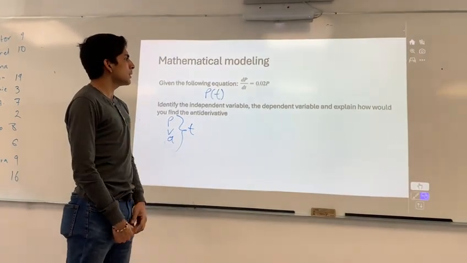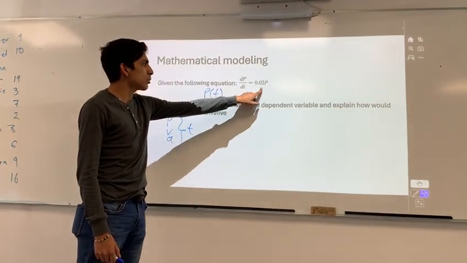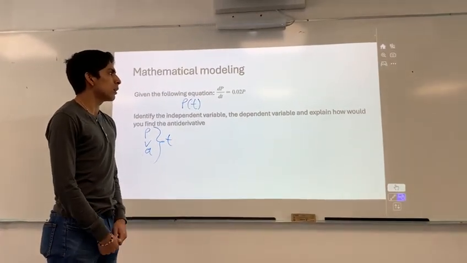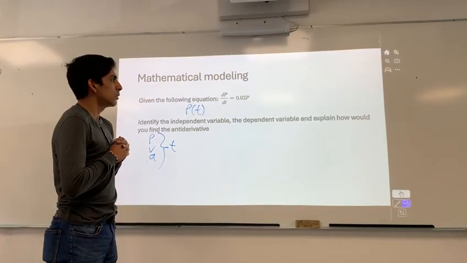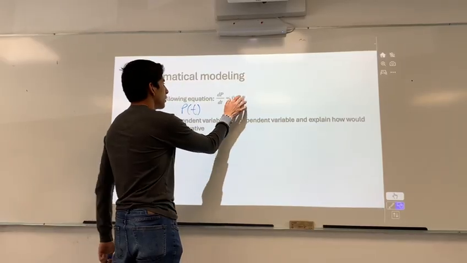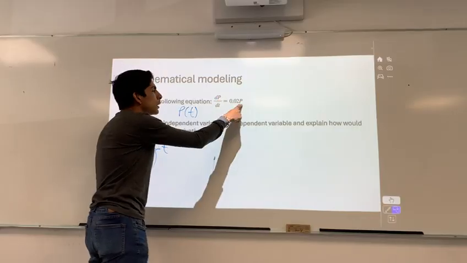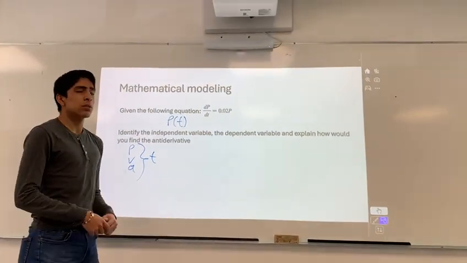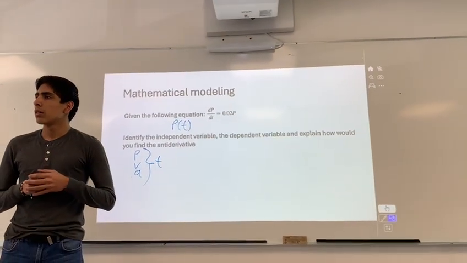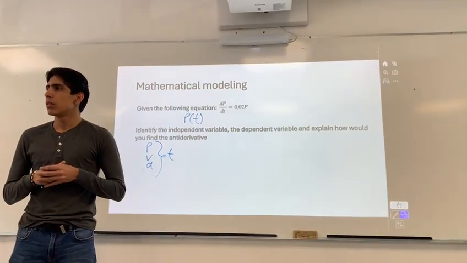If this is saying that the derivative of p in function of time is 0.02p, then depending on time, the position is supposed to be the initial position. Darian, can you obtain the position as a function of time by solving that equation?